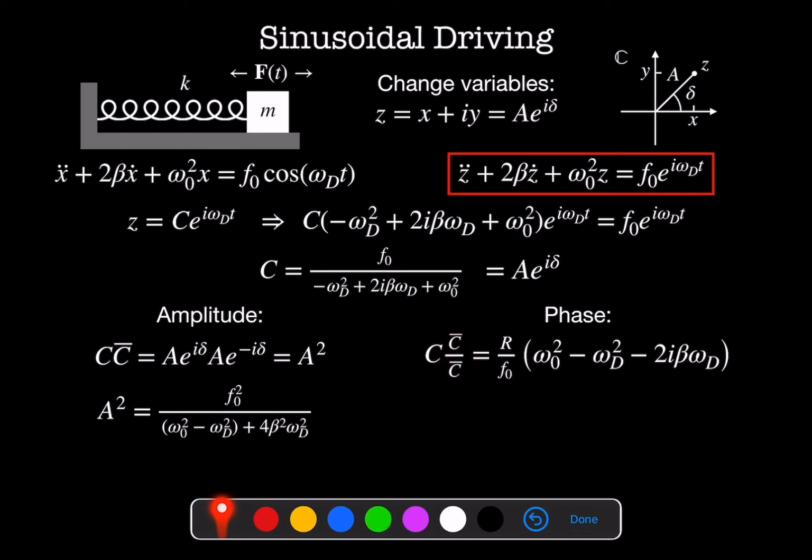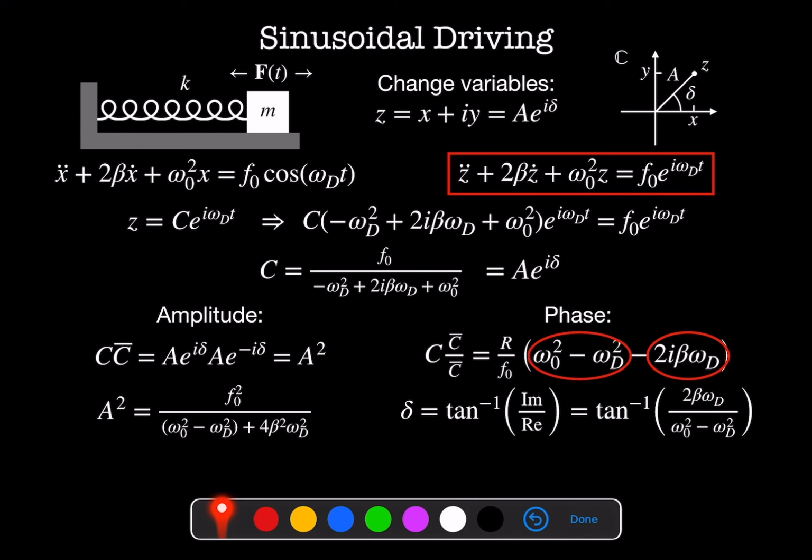So I have A divided by F naught is equal to omega naught squared minus omega_d squared minus 2i beta omega_d. From this, I want to extract the real piece and the imaginary piece. And so delta is going to be equal to the arctan of the imaginary piece divided by the real piece. And we end up with arctan of 2 beta omega_d divided by omega naught squared minus omega_d squared.